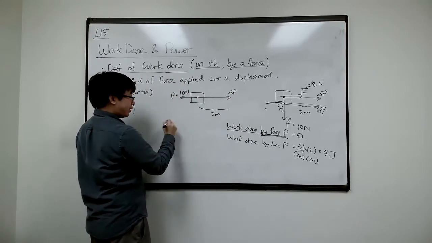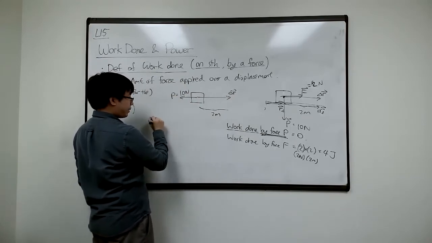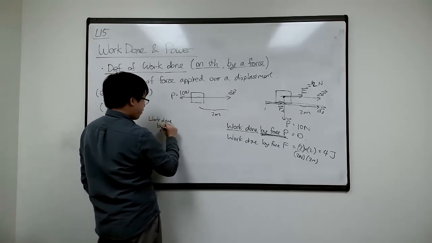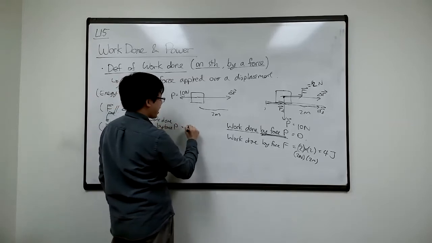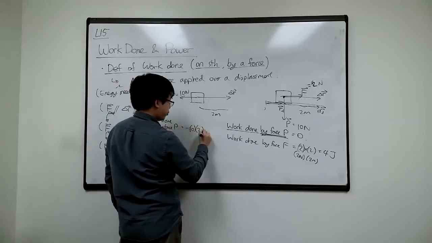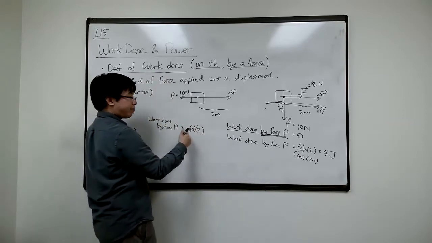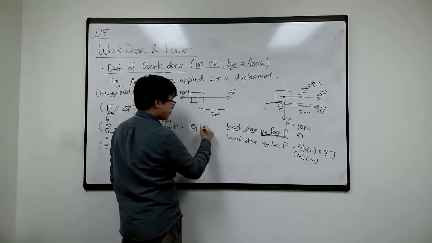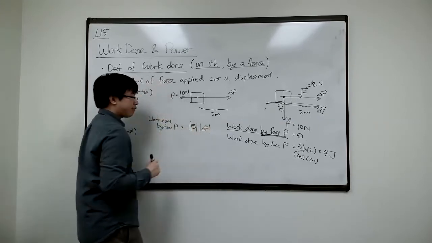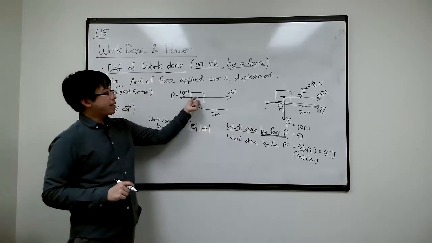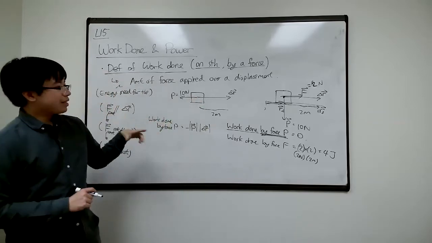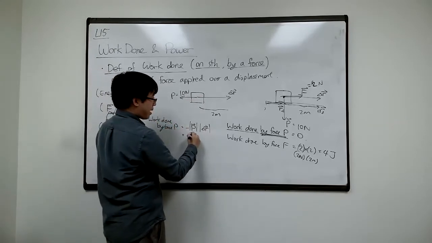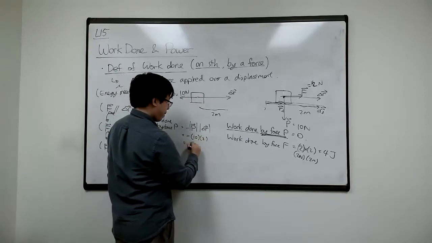So the work done by force P is going to be negative 10 times 2. Let's actually write this out: negative of the magnitude of that times the magnitude of that. So the negative you shoehorn in because they are anti-parallel. We'll see in dot product, you don't have to shoehorn anything, it's more general, but we will get minus 10 times 2, so we get minus 20 joules.